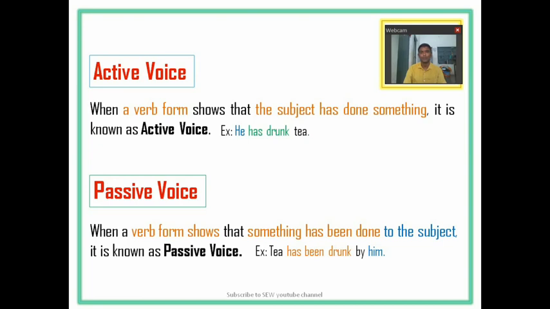Look at it. So what is the main verb here? Drunk. So drunk is V3. So what is used here? Been is used. So definitely it will be in passive voice form only.